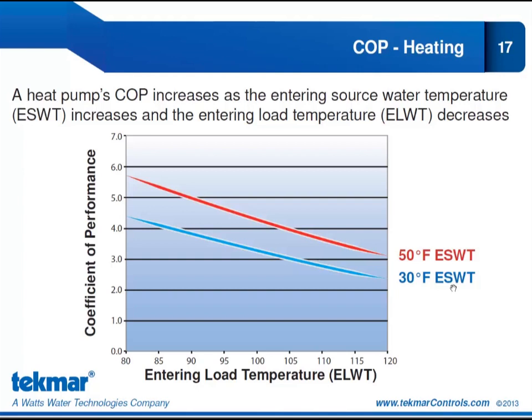So as the seasons change, as the outdoor temperature gets colder, it will have an impact on the efficiency of our heat pump. But then likewise, as temperatures get warmer and entering load water temperatures decrease again, entering source water temperatures will also increase, and we will once again see those higher heat pump efficiencies.